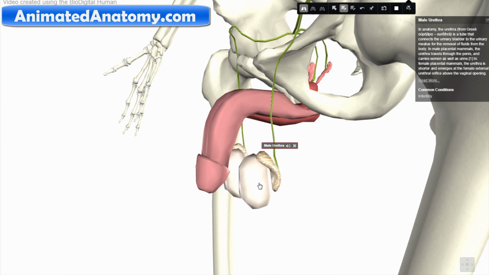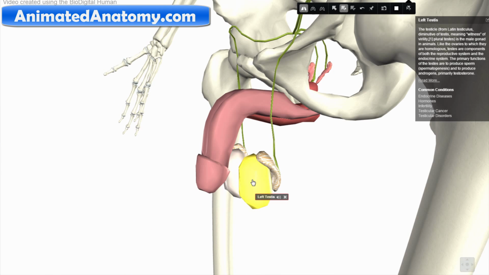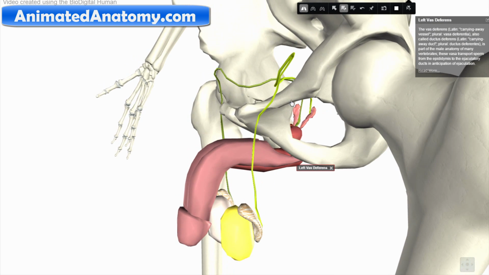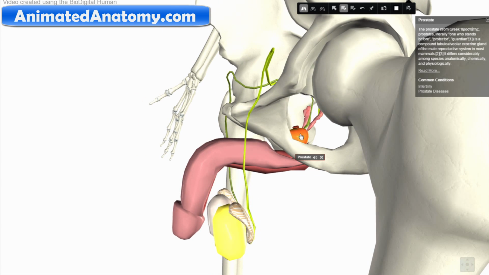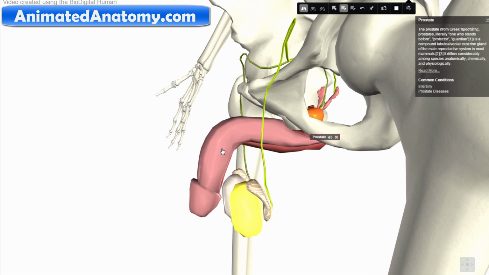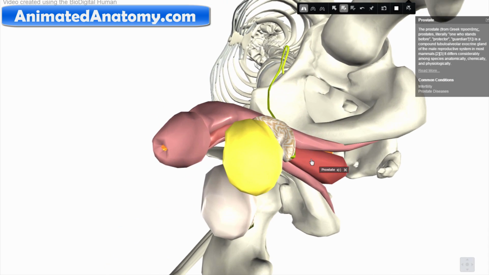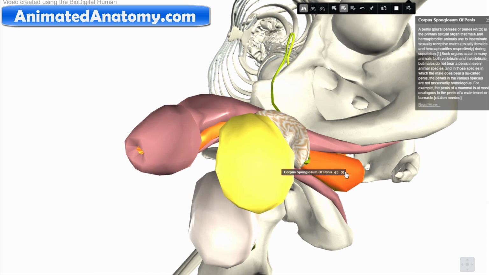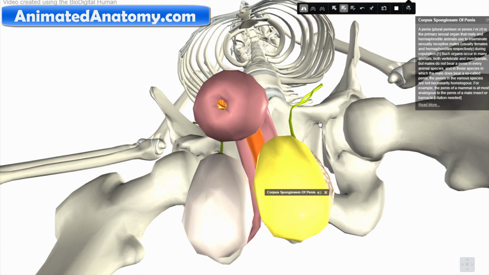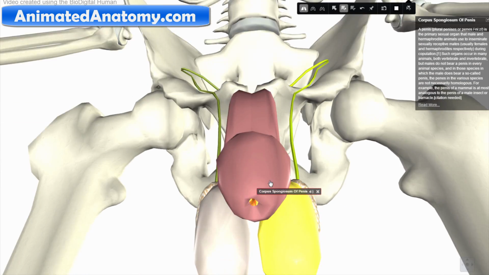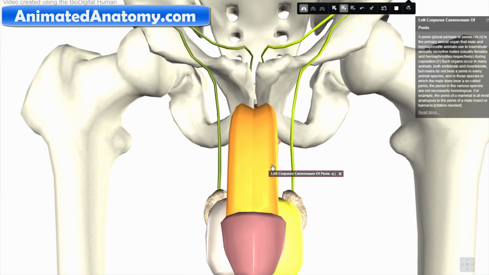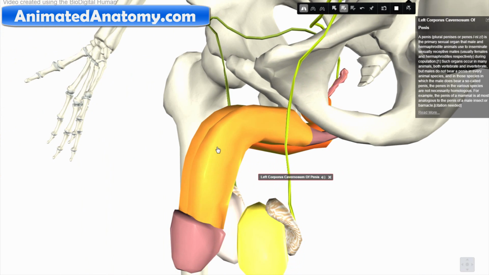Now, as you can see, the testicles are here, and that's where the sperm cells are produced. Then they go through the vas deferens, through the prostate, and then they enter here in the corpus spongiosum of the penis, right? It's the body between or below these cavernosum bodies of the penis.